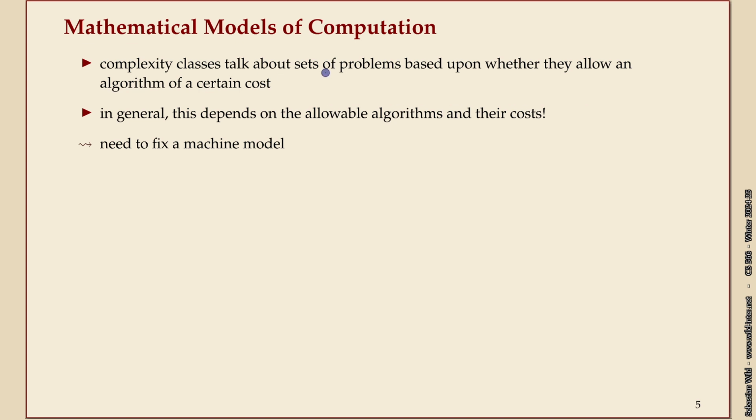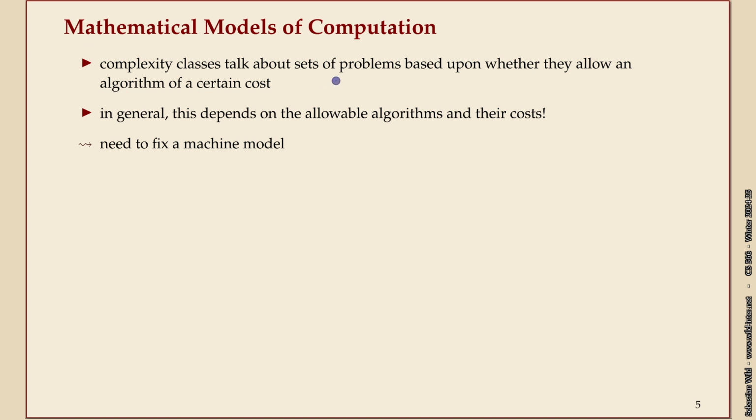More broadly in this module, we'll talk about complexity classes, which are sets of problems that have algorithms of a certain kind, or that allow algorithms with a certain efficiency. We had P and NP. P was the class of all problems that have polynomial time algorithms in the simplified version. Now, if we can't even decide on what addition should take as time, how would that make for a sensible definition?